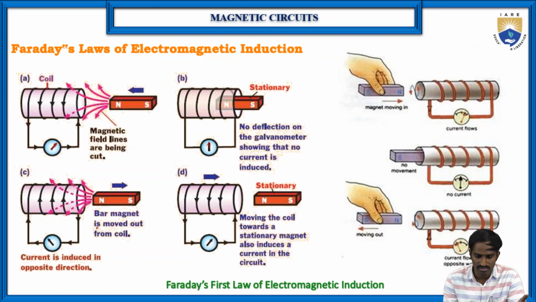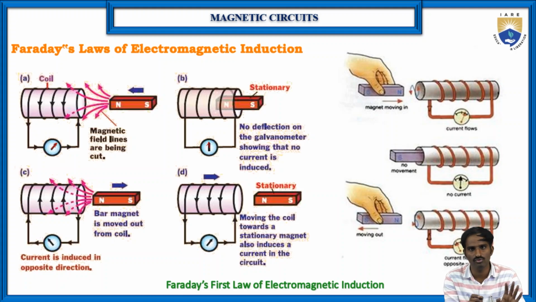In the third case, the magnetic bar is moving away from the coil. It doesn't matter whether you are moving the magnet towards the coil or away from the coil; it is a matter of whether you are moving the magnet or not.